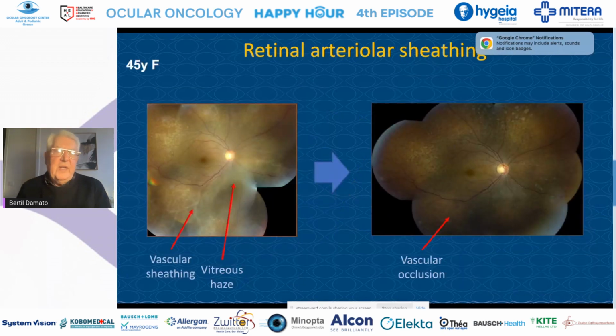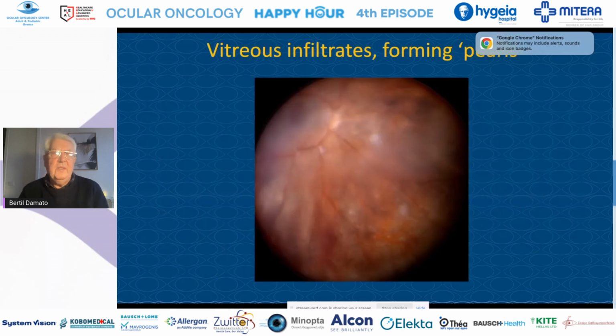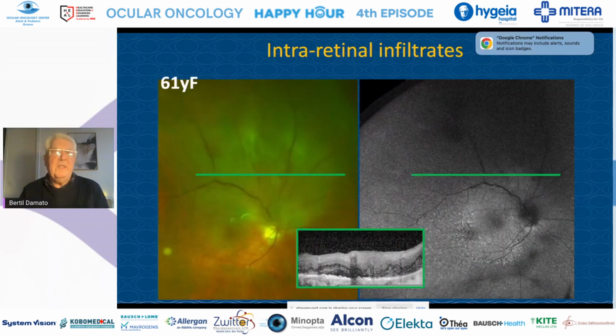So the ophthalmoscopic features include a vitreous haze in many patients, vascular sheathing, vascular occlusion. Here's a vitreous infiltrate. You get these sheets of lymphoma cells, and then you can get the intraretinal infiltrates. They're not very common, but you can see them.